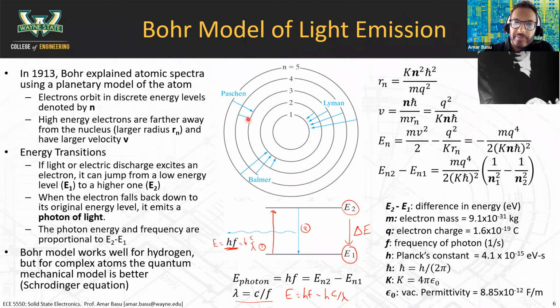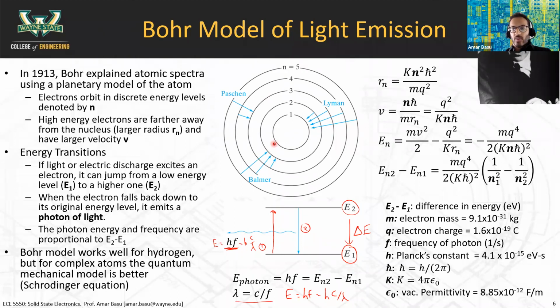Similarly, an electron might get excited to energy states 3 or 4, and then they could come back down to 3. So the Paschen series describes all the possible transitions that end at energy level 3, and the Balmer one describes all the ones that end at energy level 2.